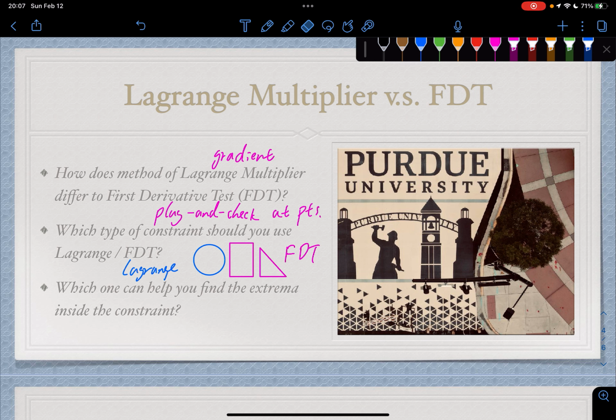So when the question asks you to find the extrema inside the constraint, don't hope that Lagrange multiplier can help you get the answer that you want. You've got to use the first derivative test for a constrained extrema problem. If it's unconstrained, it's going to be the second derivative test. So the answer to this question is just FDT, the first derivative test.